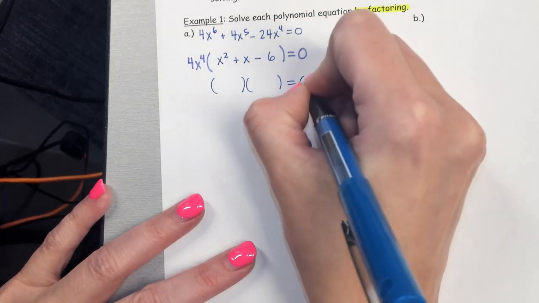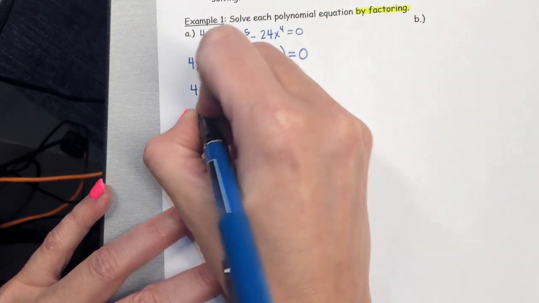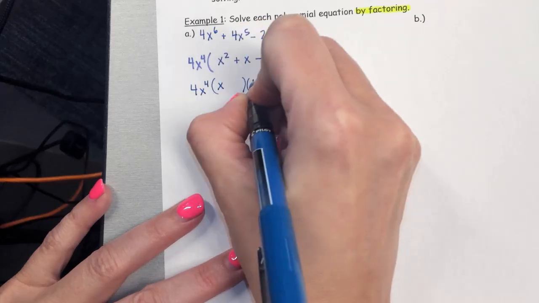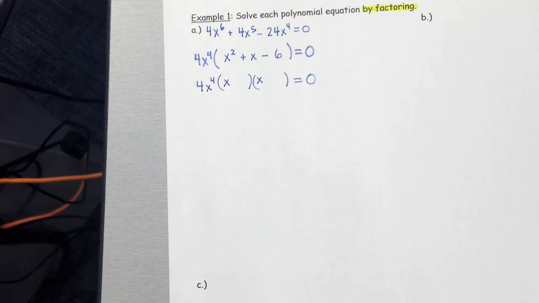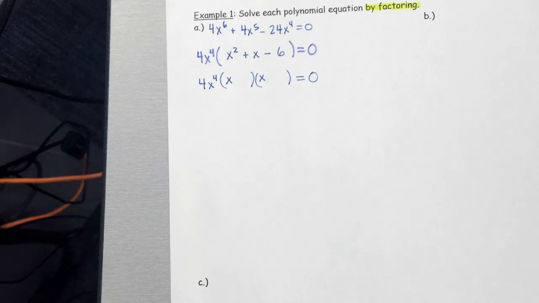Okay, and then we're going to factor this down. So we're going to start with x and x. I'm looking for two numbers that multiply to negative 6 but add to 1. Okay, I want you to go ahead and put those in.